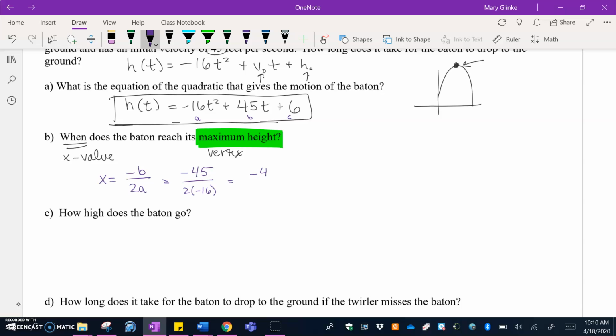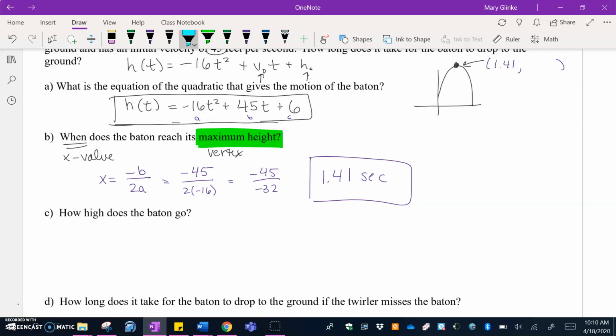So we're going to do negative 45 over negative 32, and we can type that in on our calculator to get a decimal answer. So when does the baton reach maximum height? It's going to be at 1.41 seconds because that is the x value of the vertex.